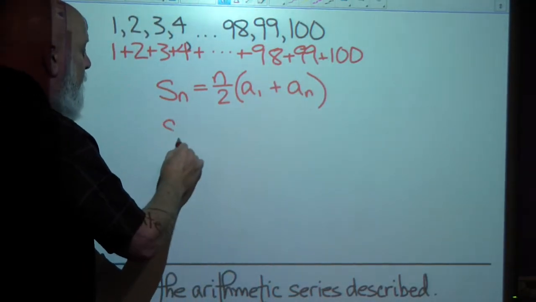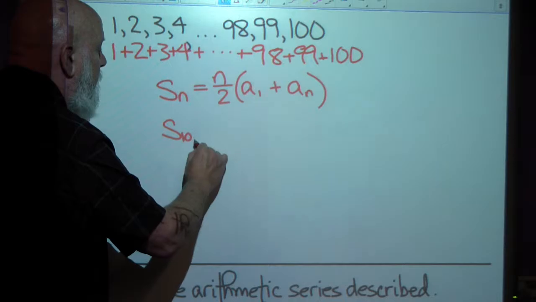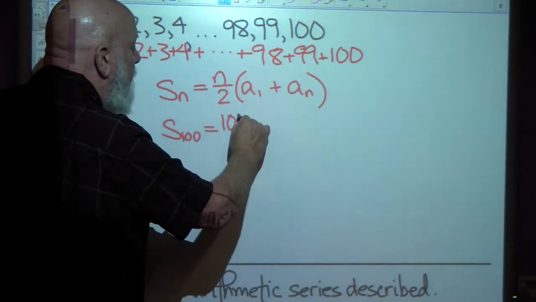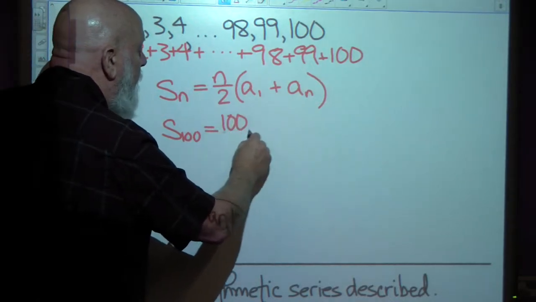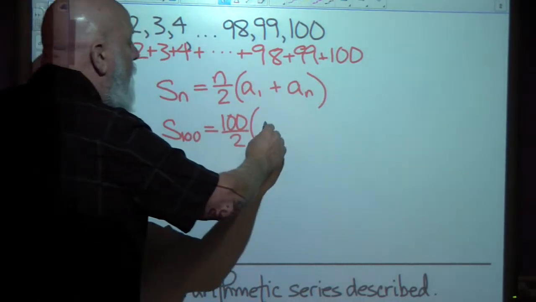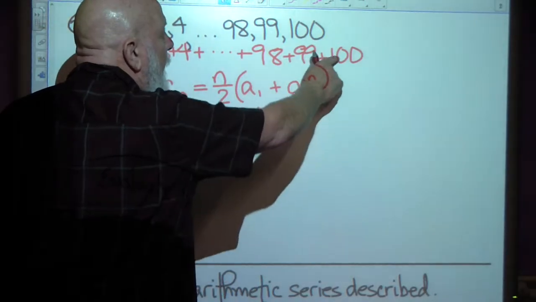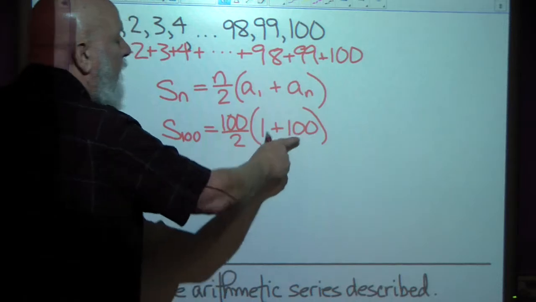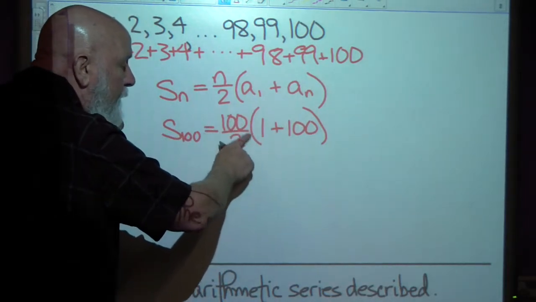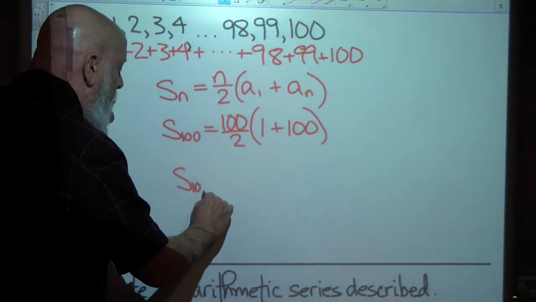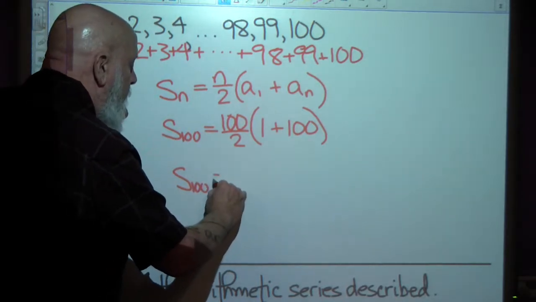So I will say the sum of 100 terms is 100 over 2. That's the number of terms right there. First term would be 1, plus the last term would be 100. That will give me 101 times 50. So I'm going to do that. Sum of 100 terms.